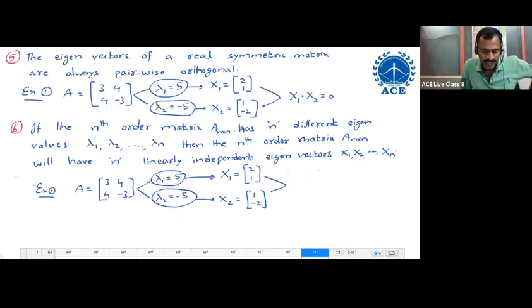Now this matrix has 2 different eigenvalues. Whenever a matrix has 2 different eigenvalues, it will have 2 linearly independent eigenvectors. Or we can check whether these 2 are independent or not. If we are given only 2 vectors, directly we can say independent or not, just by observation. If the 2 given vectors are the same or proportional, they are dependent; not the same, not proportional, independent. So here these 2 are not the same, not proportional, therefore linearly independent.